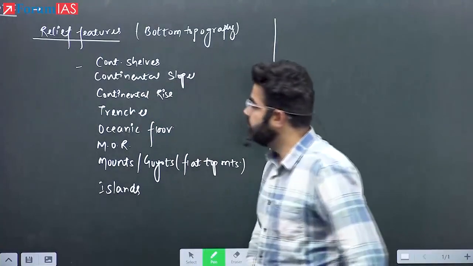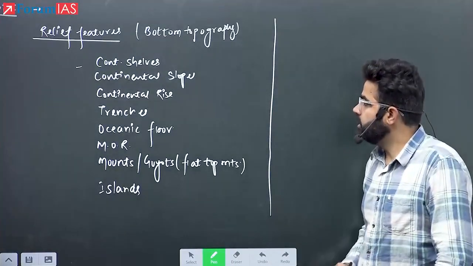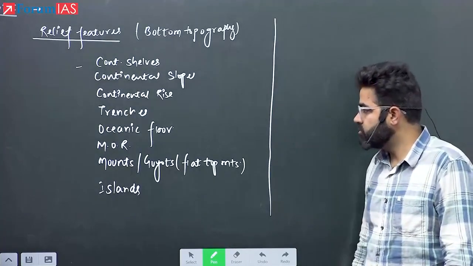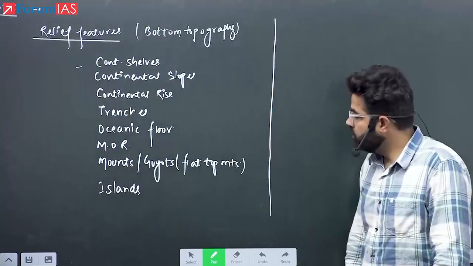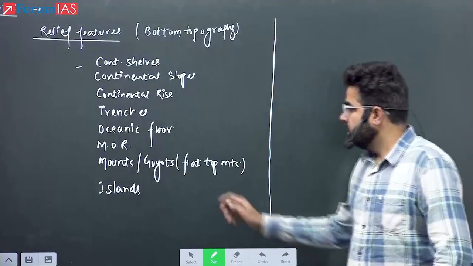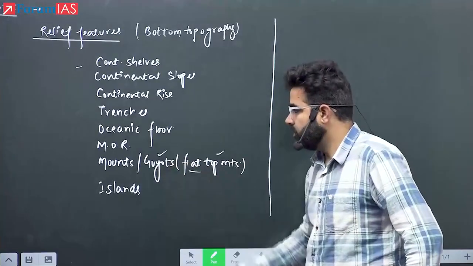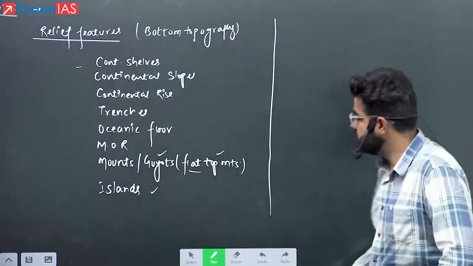These are the features which are found on the ocean's floor, right? Continental shelf, slope, rise, trenches, oceanic floor itself, then MOR, mounds. If the mounds are eroded and their top is flat, then we will call them guyots, islands in this way.